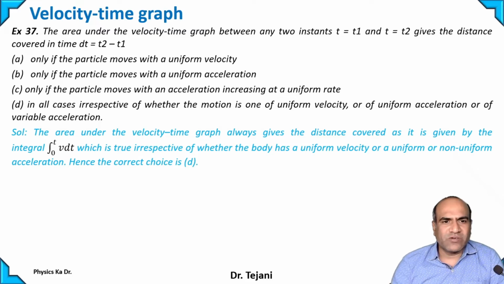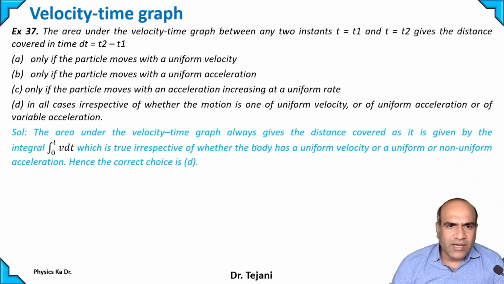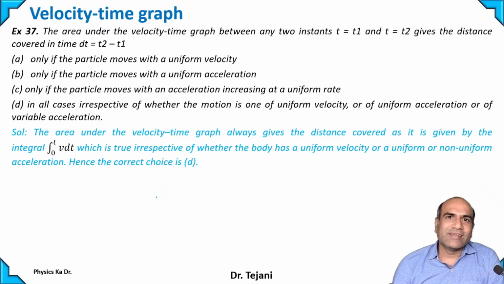It is just a summation of all the velocity multiplied by time. So it is true, irrespective of whether the body has uniform velocity or non-uniform velocity, whatever condition. Area under the velocity time curve always gives its distance or displacement.